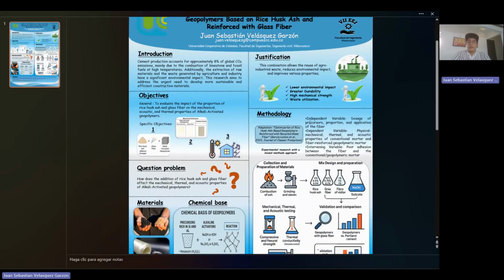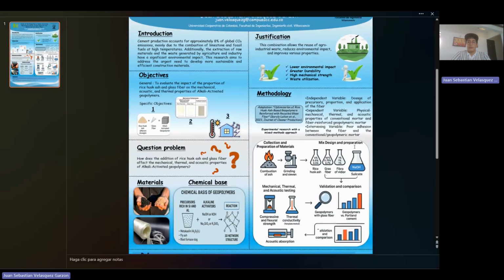The independent variables are the proportion of precursors and the application of the fiber. The dependent variables are the physical, mechanical, thermal, and acoustic properties of conventional mortar and fiber-reinforced geopolymer mortar. And the intervening variable is the addition of the fiber to the conventional geopolymer mortar.